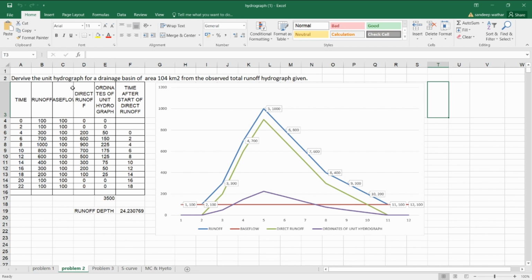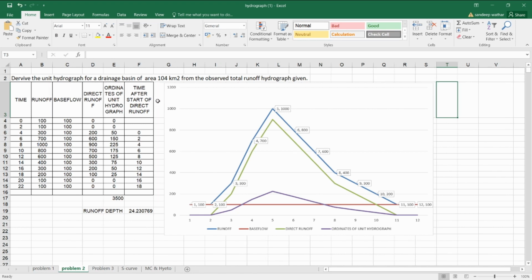This is a problem that is given to you. You can solve this problem by yourself. Note it down and then try to solve it. First I'll read the problem. Derive the unit hydrograph for a drainage basin of area 104 square kilometer from the observed total runoff hydrograph given.